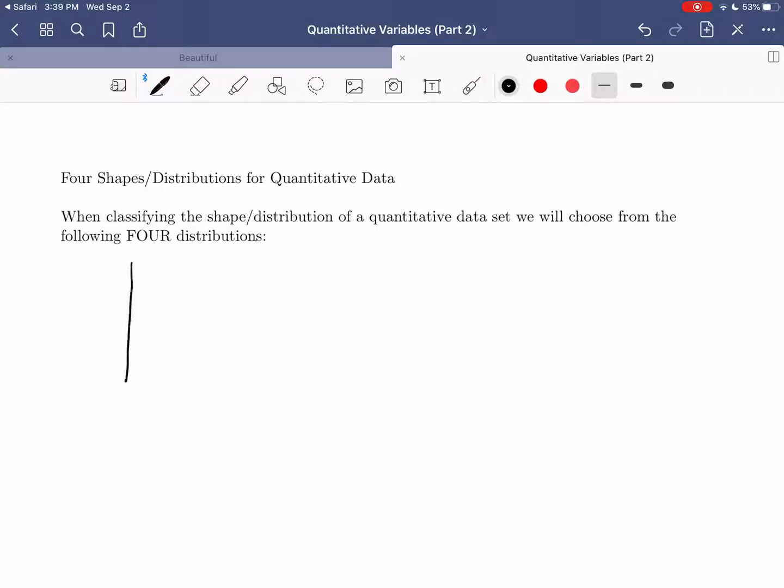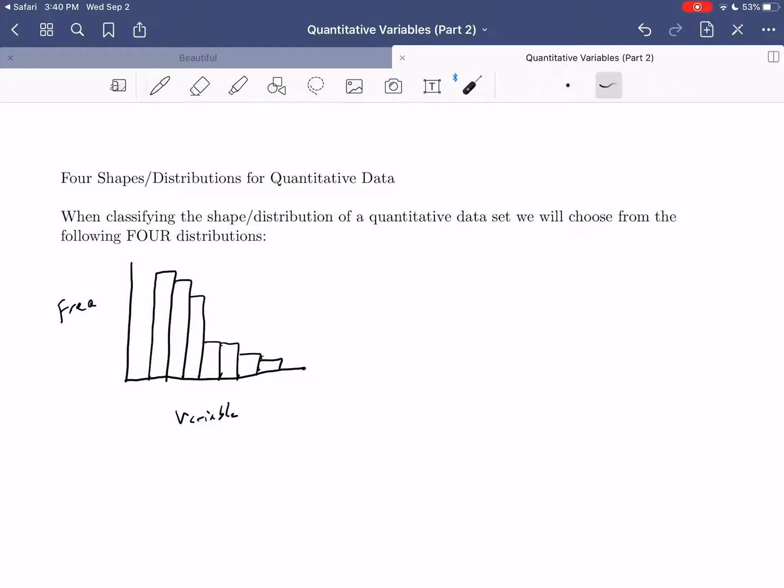Well, the first is something that looks like this. If this is your histogram, so this is your frequency here, and this is your variable here, if you end up getting something like this, where you have very tall bars over here, and they get maybe shorter and shorter, and look something like this, you'll notice that this forms a tail off to the right.